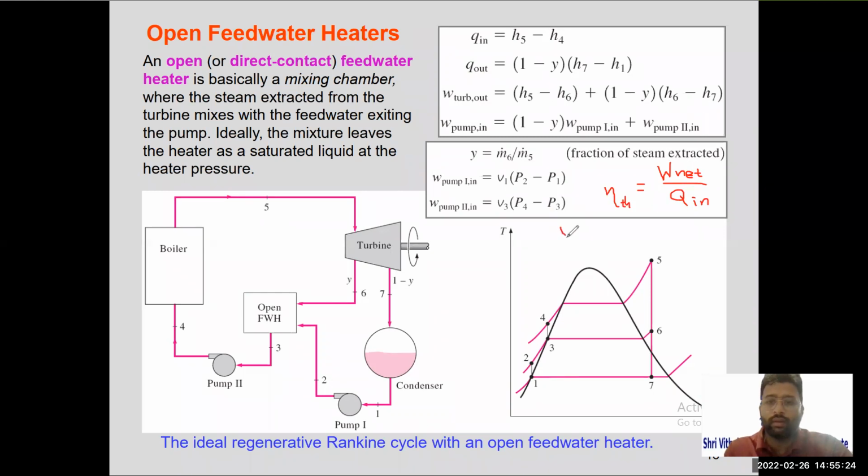W net we all know: W net will be equal to W turbine net minus W pump net, divided by Q in. Q in is H5 minus H4.